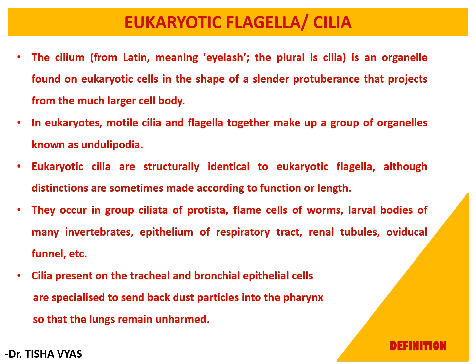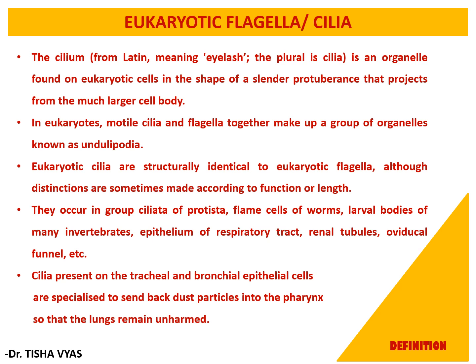The plural is cilia. It is an organelle found on eukaryotic cells in the shape of a slender protuberance that projects from the much larger cell body. In eukaryotes, motile cilia and flagella together make up a group of organelles known as undulipodia.